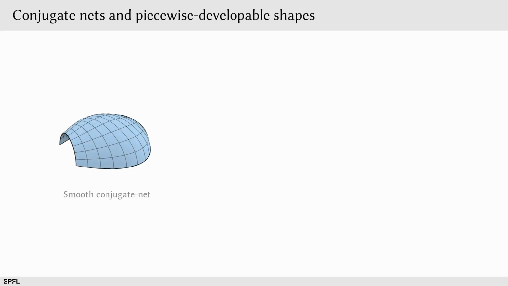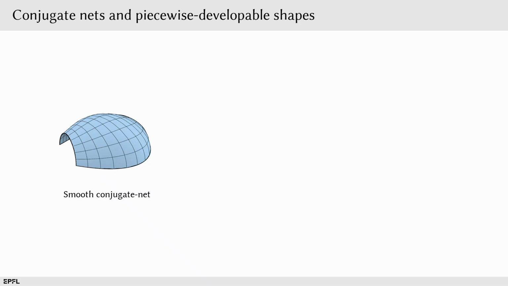Okay, so to support the design of piecewise developable shapes in a geometry-informed way, we borrow concepts from differential geometry. In the following, we will talk about special surface parameterizations, the so-called smooth conjugate nets.